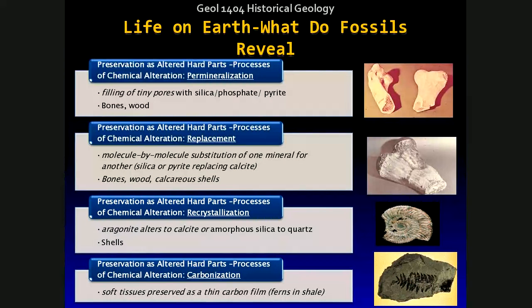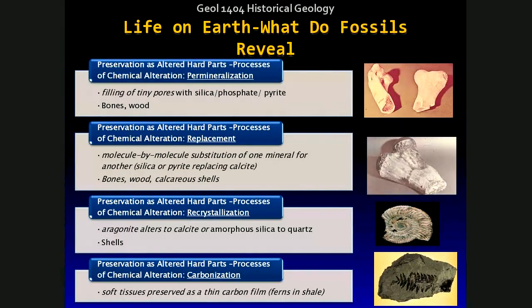In mineralization, if there are pore spaces in the hard part of the body, like for example a bone, dinosaur bone, for example, right? These tiny pores can be filled with sediment deposited by percolating waters that percolate through the sediment that actually buried the hard part.